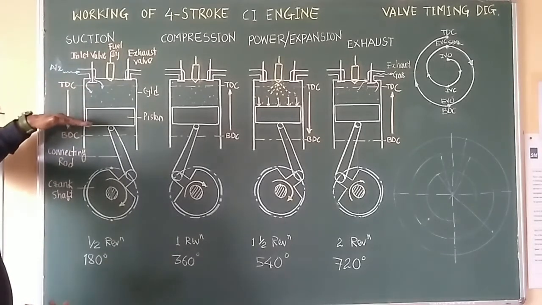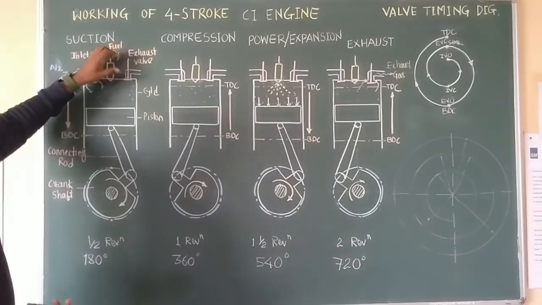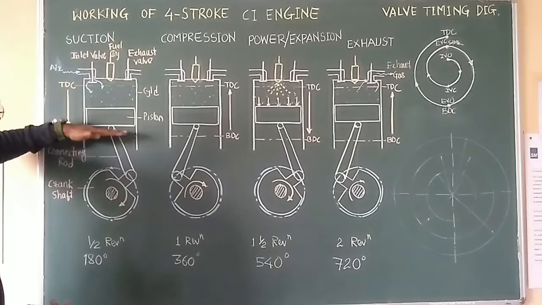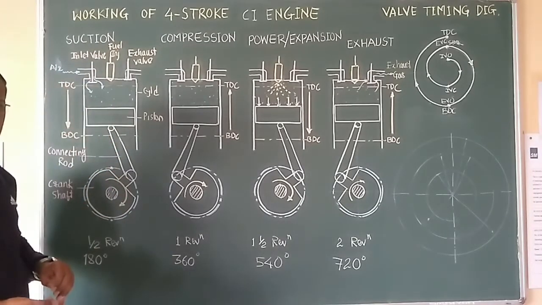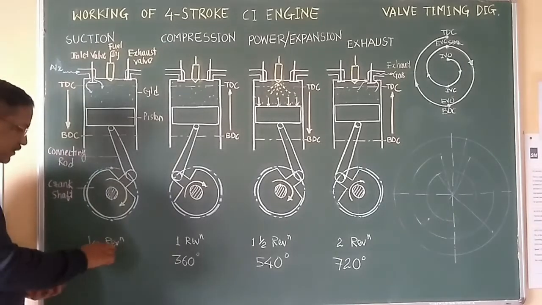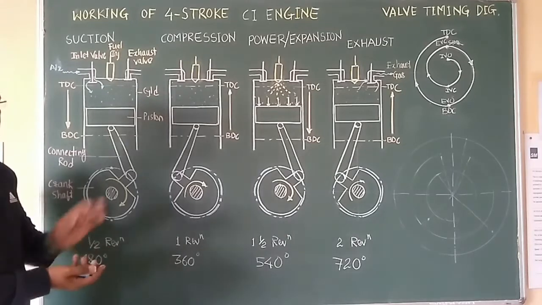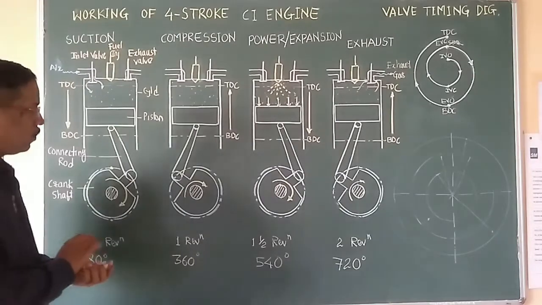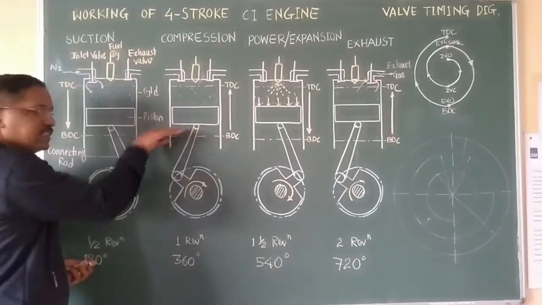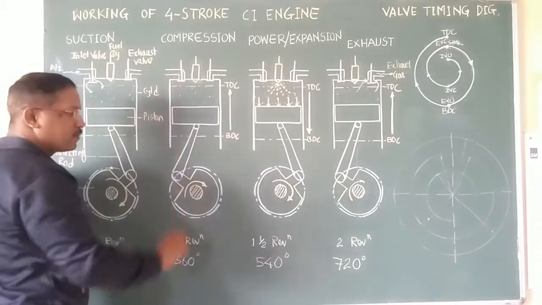When the piston reaches BDC, the inlet valve gets closed, the exhaust valve already closed. So our cylinder is completely filled with air. During this it completes half revolution or 180-degree rotation of the crank. Then the next, compression stroke. In the compression stroke, when the piston is at BDC, the crank position is here, both valves are closed.